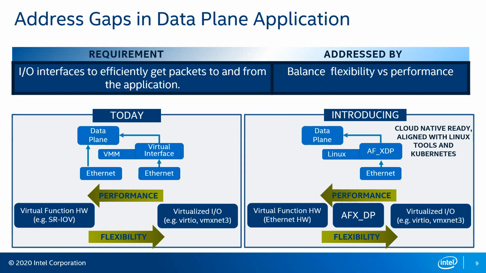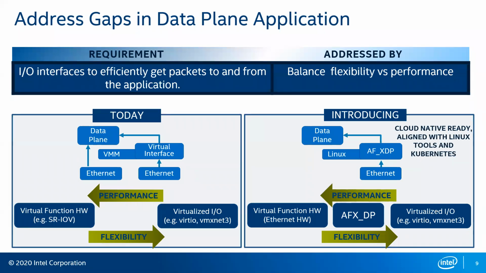The new thing introduced, to balance between performance and flexibility, is that we added support for AF_XDP. AF_XDP makes use of the standard kernel. It bypasses completely the software stack, so it can get direct access to the socket.